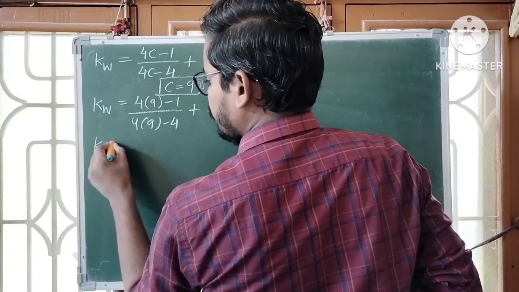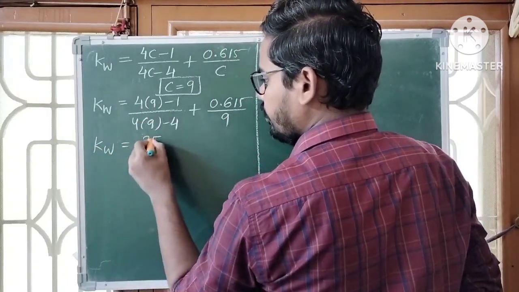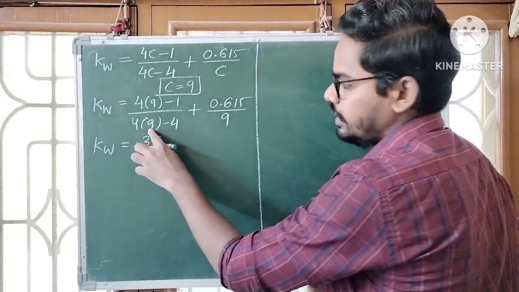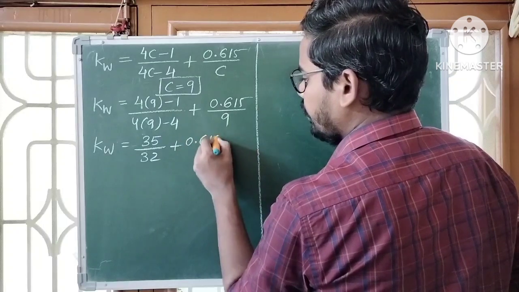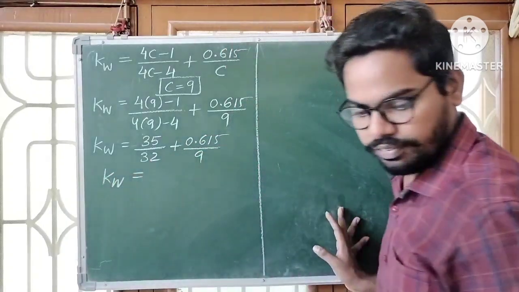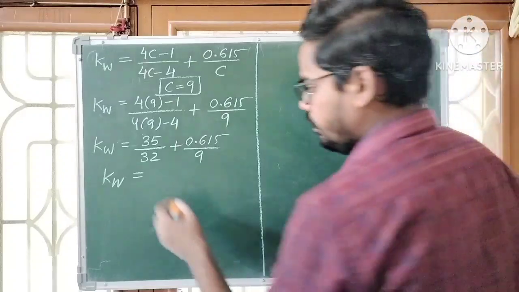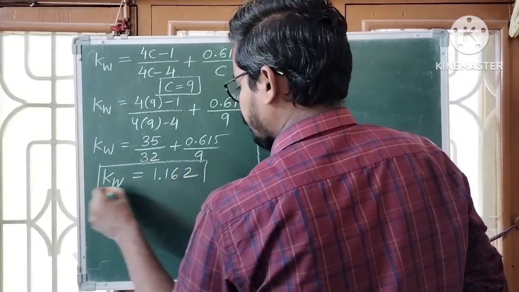Kw is equal to 4 9s are 36, 36 minus 1 is 35, by 4 9s are 36, 36 minus 4 is 32, plus 0.615 by 9. If you calculate, you will get the Wahl shear stress factor as 1.162. This is the value of Kw.